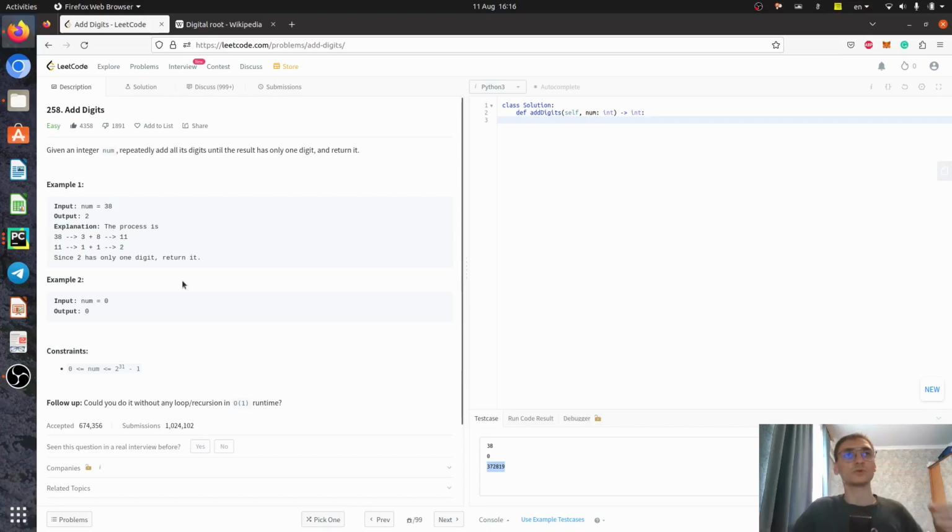For someone who is familiar with the math concept which is called digital root, it's going to be a little bit easier. But who doesn't know, please pay attention to this one. I will explain it.